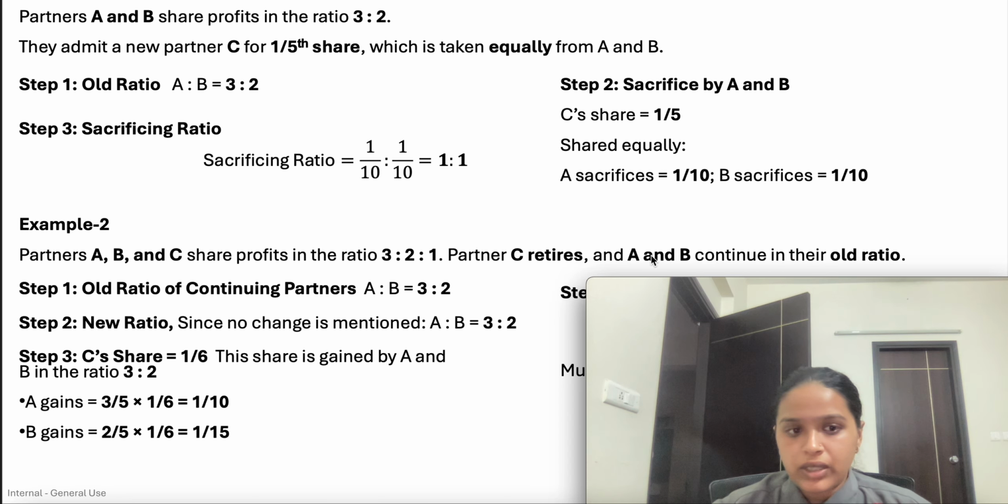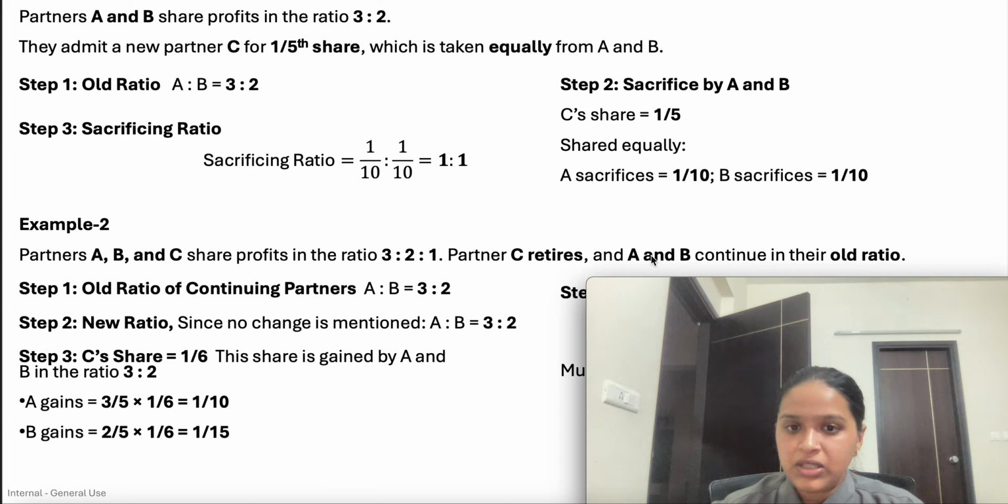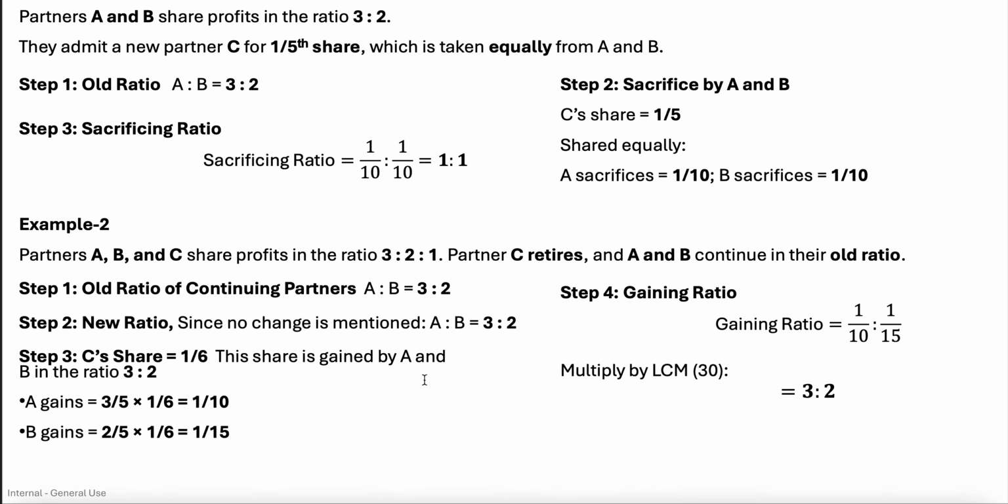We know C's share is 1/6, and this 1/6 will be added back to A and B in the ratio of 3:2. So for A's share, we get 3/5 into 1/6, and for B, 2/5 into 1/6, and we need to add this back to their existing ratio. Either we can calculate the gaining ratio by new ratio minus old ratio, or we can simply do 1/10 divided by 1/15, which will also be our answer.